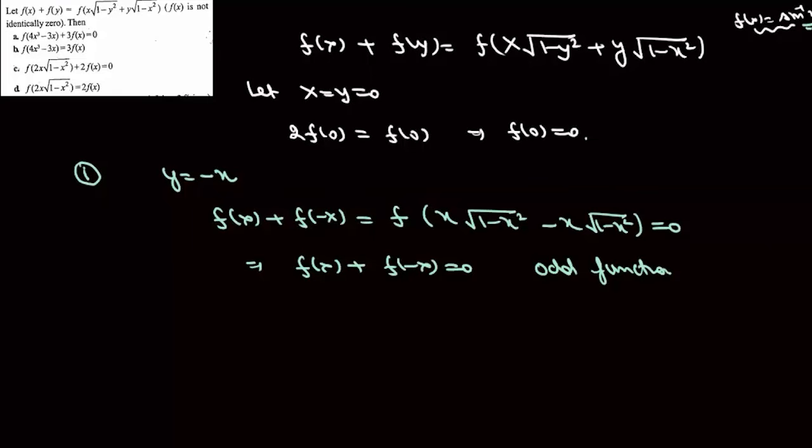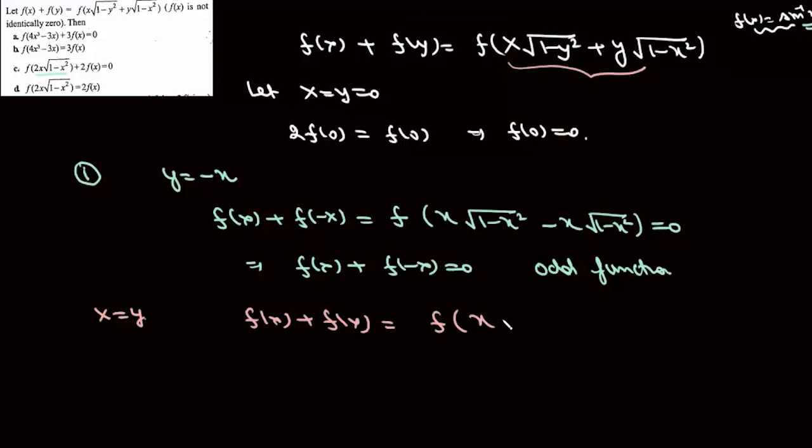Now first we'll try and figure out f of 2x times under root 1 minus x square. In this we see if we replace y with x, we'll get 2x times under root of 1 minus x square. So for this f of 2x times under root 1 minus x square, we'll take y as x. So it'll be f(x) plus f(x), and it'll be this f(x) times under root 1 minus x square plus x times under root 1 minus x square.